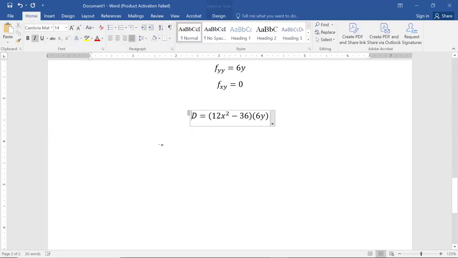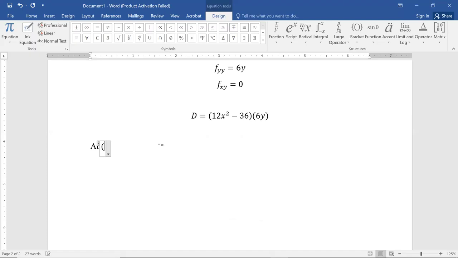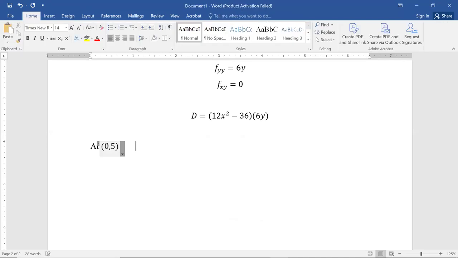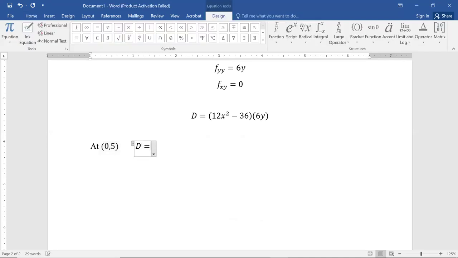We're going to say, what's d at the point (0, 5)? d, well, when I plug in 0 for x and 5 for y, I get negative 1,080.